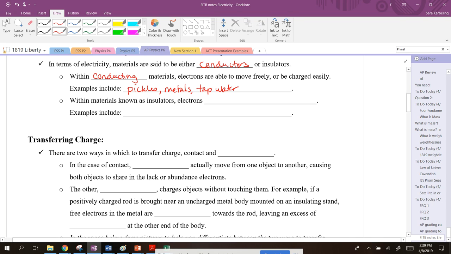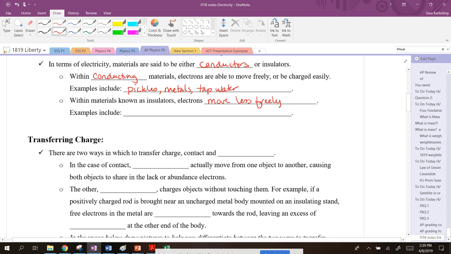Yes. I didn't write it all down because I don't have time to waste doing lots and lots. But yes. Within materials known as insulators, what do those electrons do, Cole? They move less freely. Or they are stuck in place-ish.